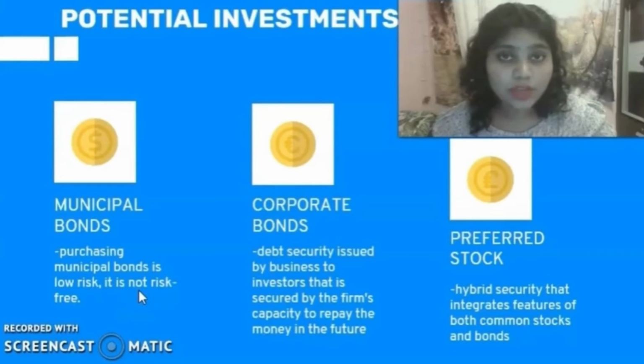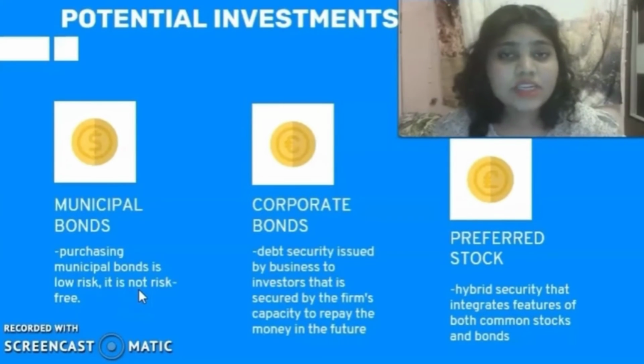So, for question number 7, which is to recommend suitable investment for the client. According to John, our client who is a medium risk taker, to suggest the available potential investment that he could invest in, one of them could be municipal bonds, because municipal bonds are basically a low risk investment, but not a risk free investment. That is why it is considered a medium risk investment. So basically there is not as much risk that we could assume, but there is always risk that we need to consider while investing.